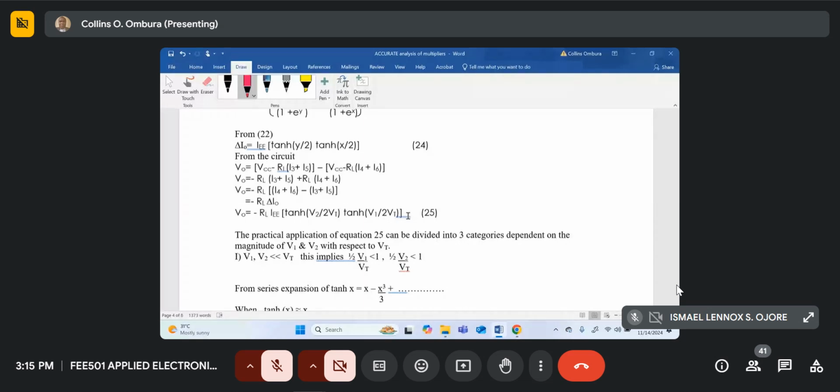Now in the next class, we'll analyze this equation 25 in more detail, because there are 3 cases that exist. So I'll stop over there. But just remember that this is the exact expression for the response of the Gilbert circuit.